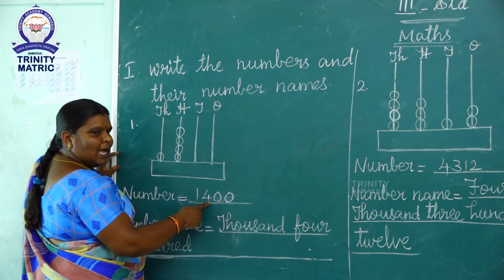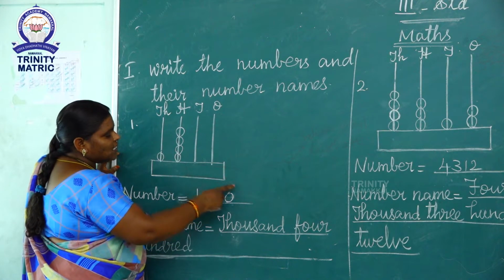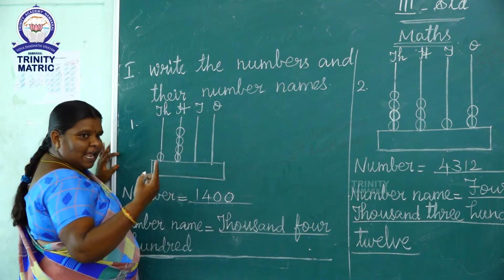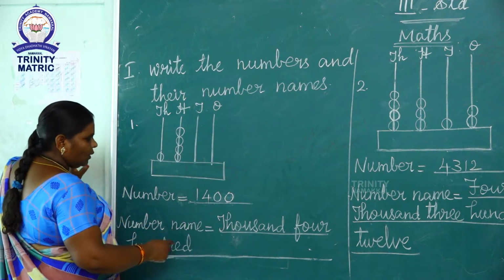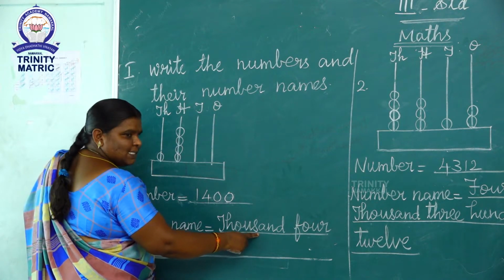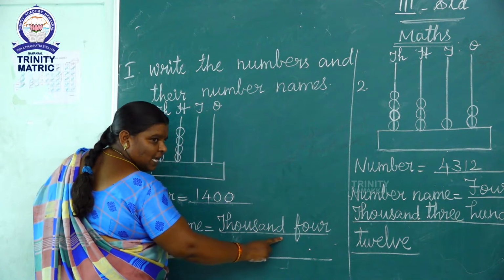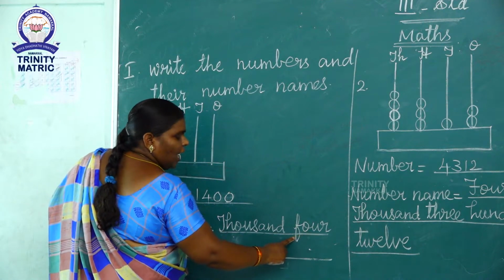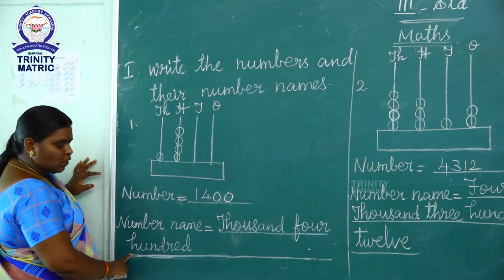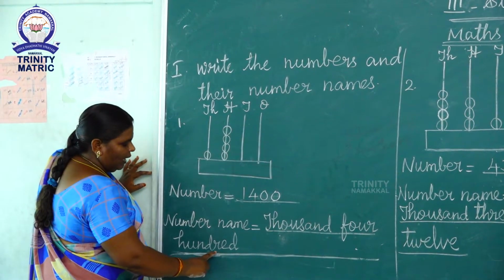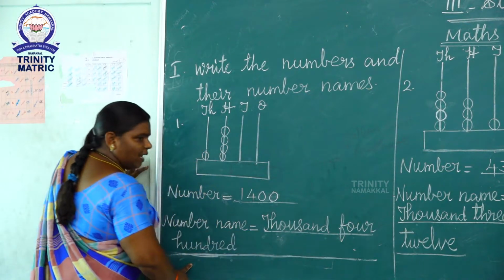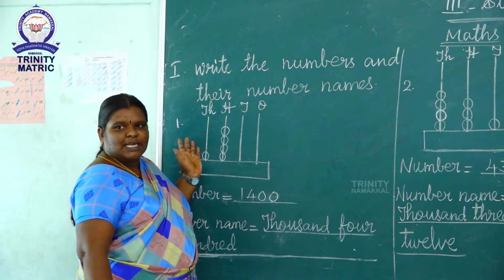Ones, tens, hundreds, thousand. Read this number: 1400. Write the spelling. THOUSAND, 1000. FOUR HUNDRED, 400. 1400. Okay. Are you understand, children?